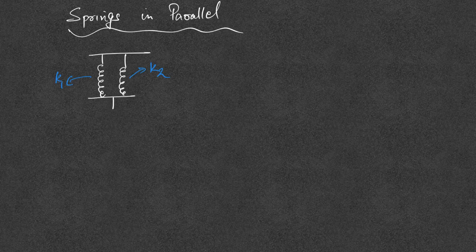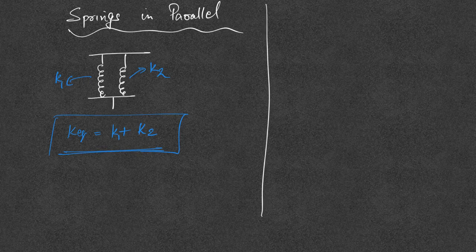Now let's try to understand what happens when two springs are connected in parallel. In this case we have two springs, the first spring with a spring constant of K1 and the second spring with K2. The equivalent spring constant would be K1 plus K2. Very simple formula. Now what happens if the springs are similar?